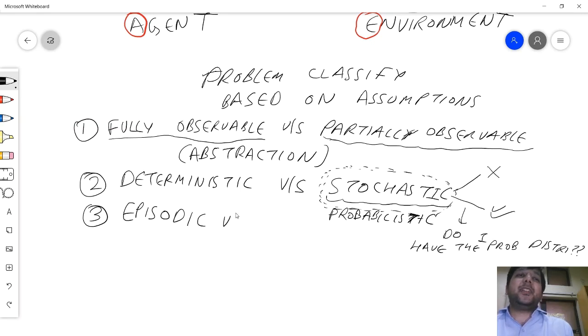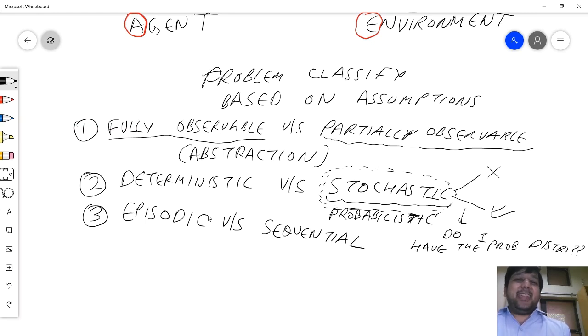Episodic versus sequential. A system is episodic. So, if you want, just because you are sitting at home, if you want a cool way to remember episodic, I'll give you one. What happens in the daily soap?